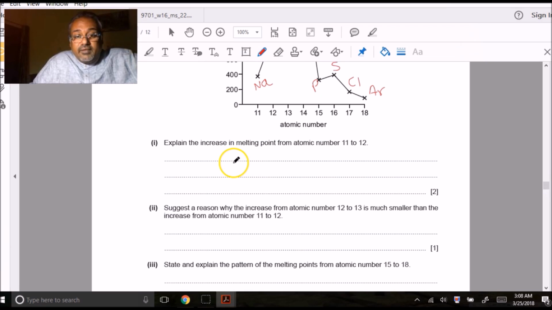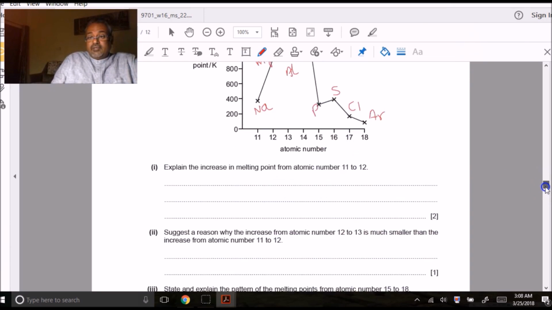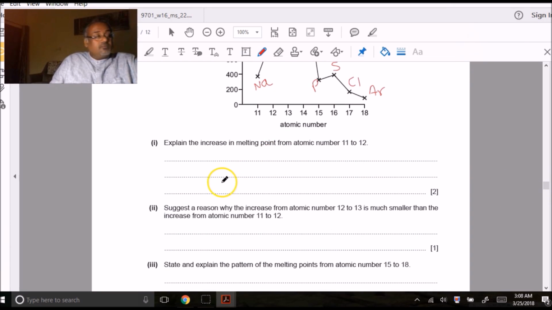General question, why do you think melting point is increasing from 11 to 12? This question is talking between sodium and magnesium. Why do you think there is an increase there? Well, the main points you could talk about is that sodium and magnesium exist as ions, and the size of the ions, which is your ionic radii, ionic size actually decreases from sodium to magnesium.